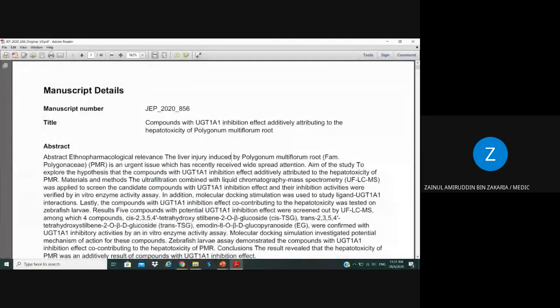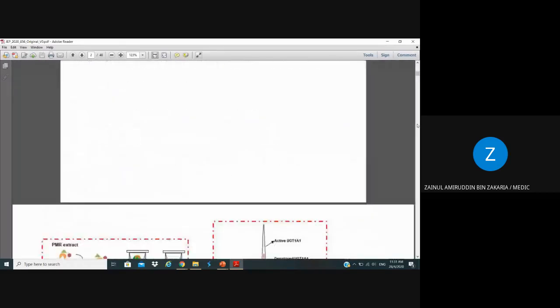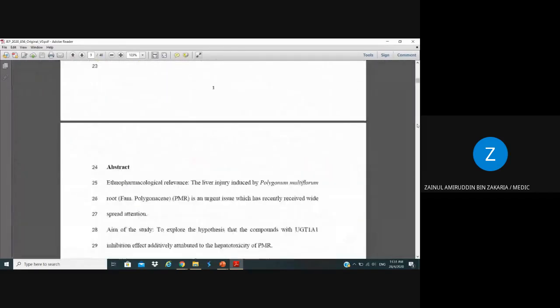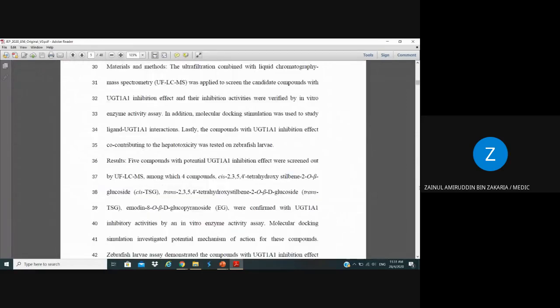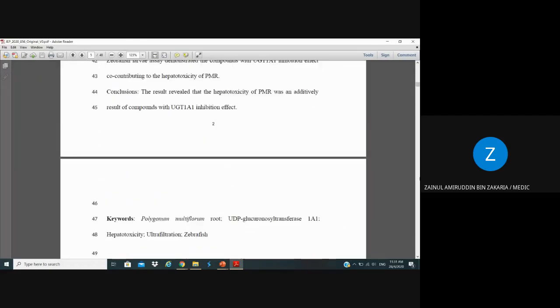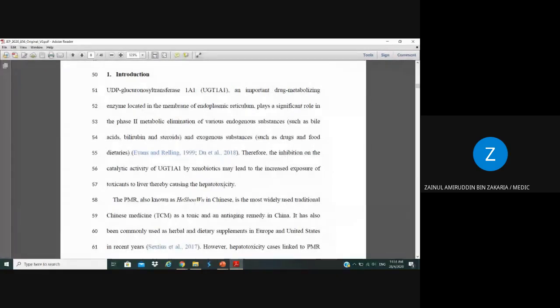So this paper is about hepatotoxicity of Polygonum multiflorum root. If you read from the literature, it is used in Chinese traditional medicine, as a tonic and anti-aging remedy.